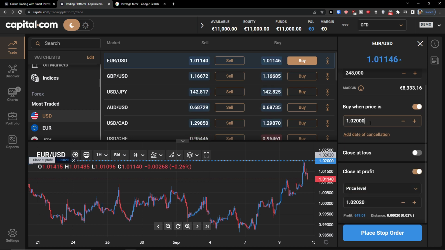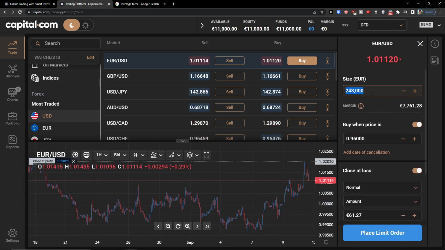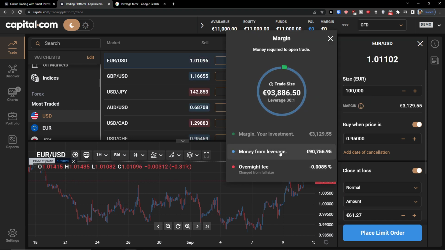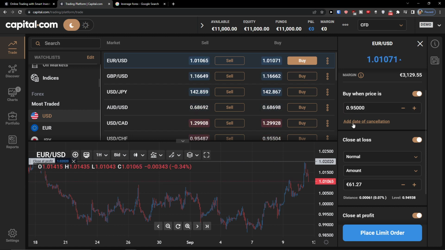Well, let's say we're gonna buy it at what was this? 0.95. Okay, we would have size, we will go like, let's say like this, 3,000 euro. We can see the margin. You're invested, money from the leverage is 90,756 euro. It's like x30.